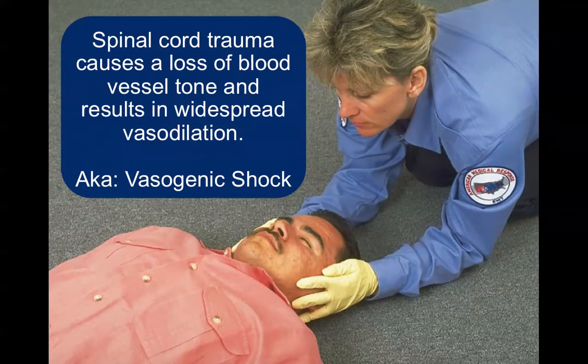Also, there's no more innervation to tell the blood vessels to dilate or to constrict. So all of the blood vessels just dilate out. And again, you have this situation where you've got this really big container, which is the blood vessels, and the normal volume of blood, and that just drops the blood pressure.